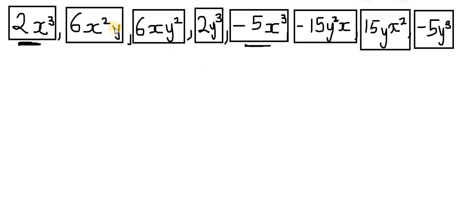This has a y with no power showing. Has x to the power of 2, has x to the power of 2. So they're like terms. This one, x to the power of 1, because there's no power showing, and y to the power of 2. That's not it. That one has y to the power of 2 and has x to the power of 1. Okay, so they're like terms. And finally, we need one that has y to the power of 3.